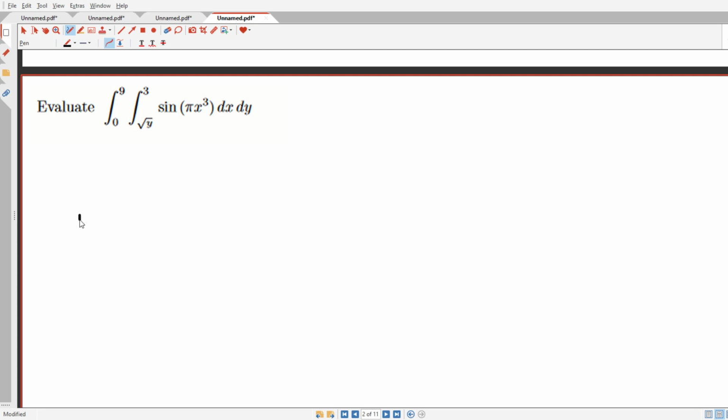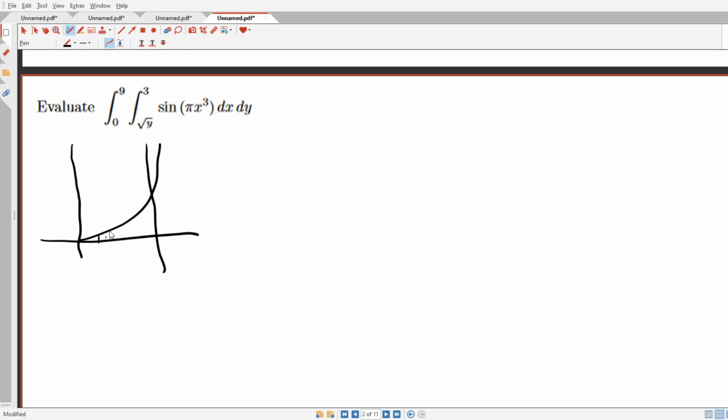So for this, I need to draw the bounds. Square root of y looks like this, and y equals 3 looks like this. Oh, I'm sorry, that's not y equals 3. That's x equals 3, right? Because this is from x equals root y to x equals 3. So they're going to cross somewhere, but let's just draw it like this.